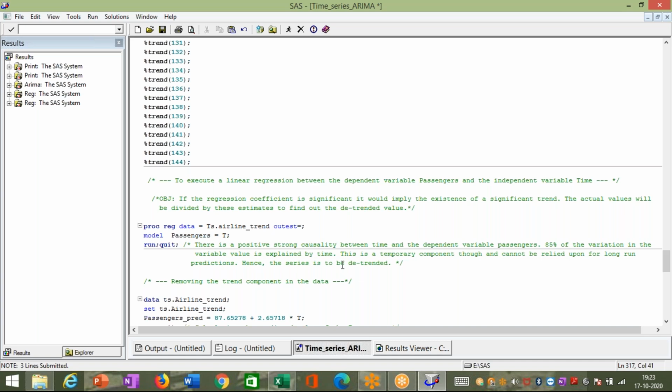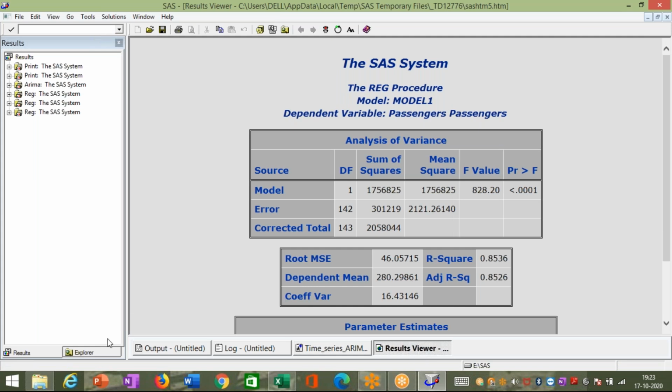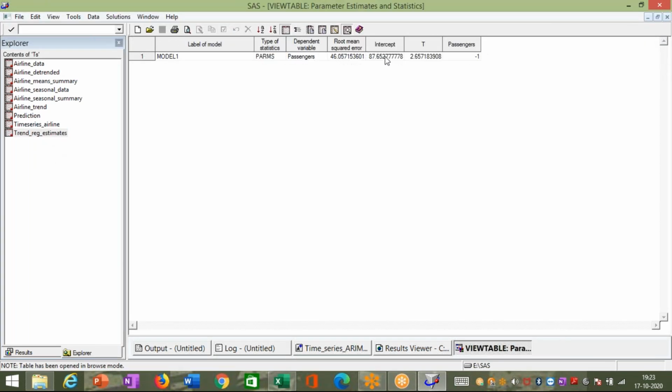So I will say this is ES dot trend regression distance. So I have this trend regression distance.